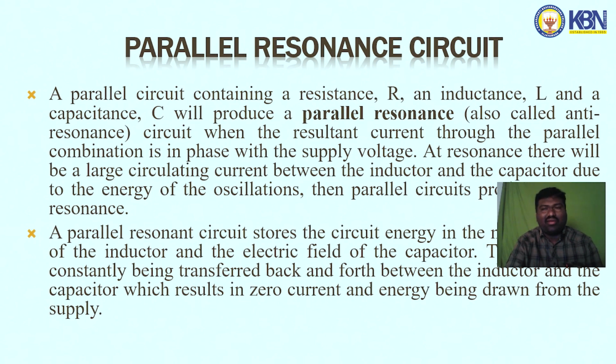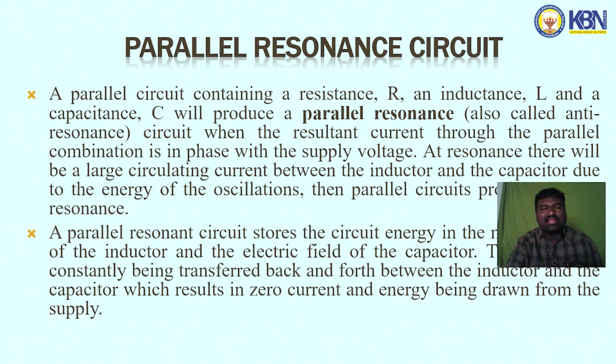with the supply voltage. At resonance, there will be a large circulating current between inductor and capacitor due to the energy of oscillation in parallel circuits that provide the resonance. A parallel resonance circuit stores circuit energy in the electric field or magnetic field.